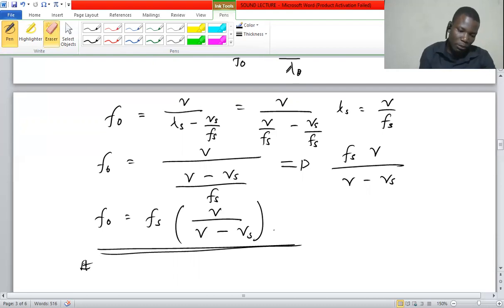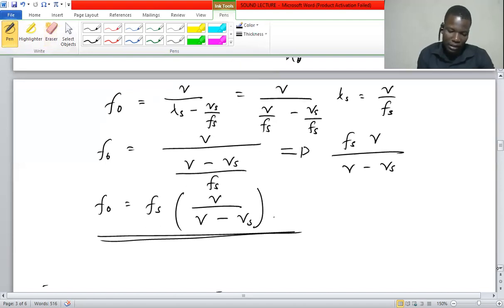So also the opposite of it is when the source is moving away from the stationary observer, or from the observer who is at rest.